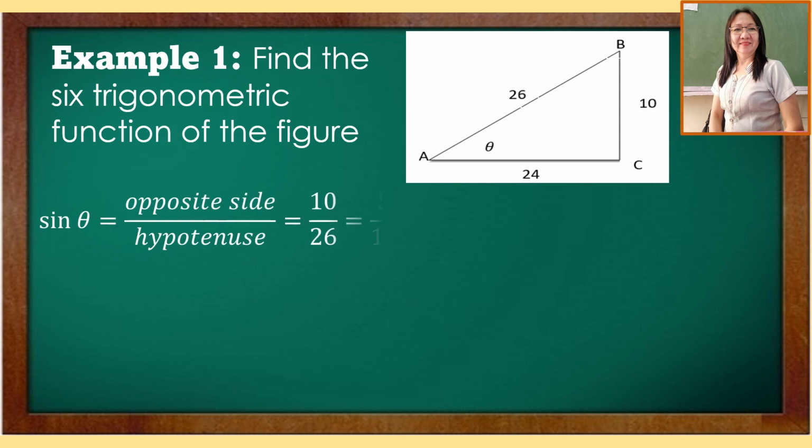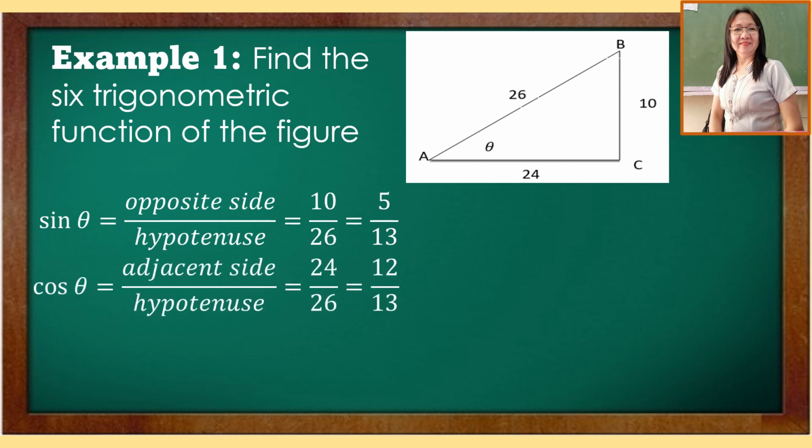Now let us start with sine theta, which is described as opposite side over the hypotenuse. The opposite of theta is 10 over the hypotenuse, which is 26. So 10 over 26 is simplified as 5 over 13.